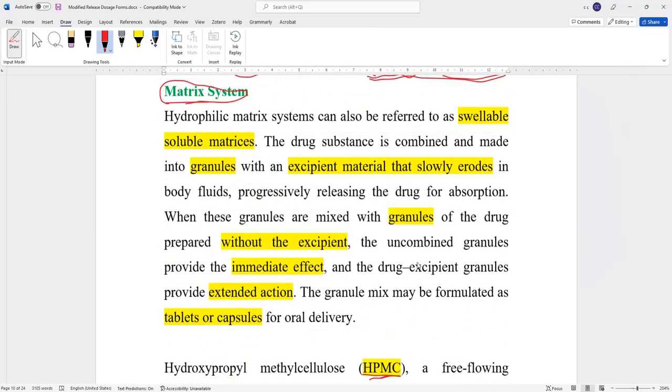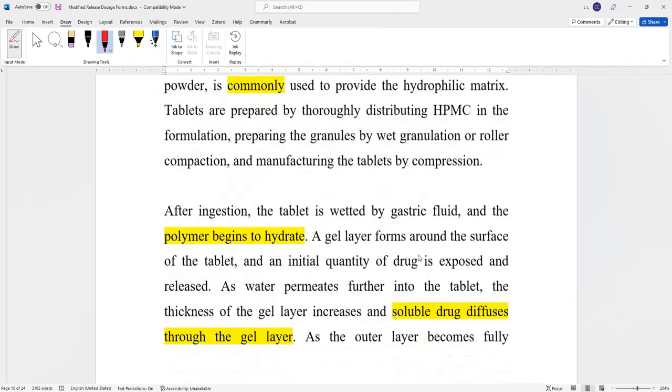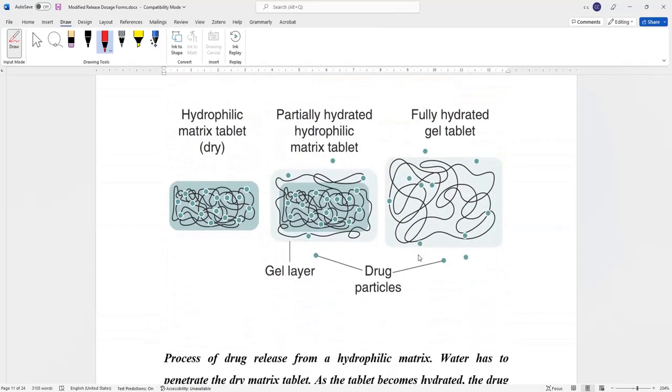Okay, what happens? How does this happen? Let me show you the figure here. You mix the drug with the matrix, meaning your drug, the circle you see here, with the HPMC. You mix them together, you compress them, and you know HPMC loves water.